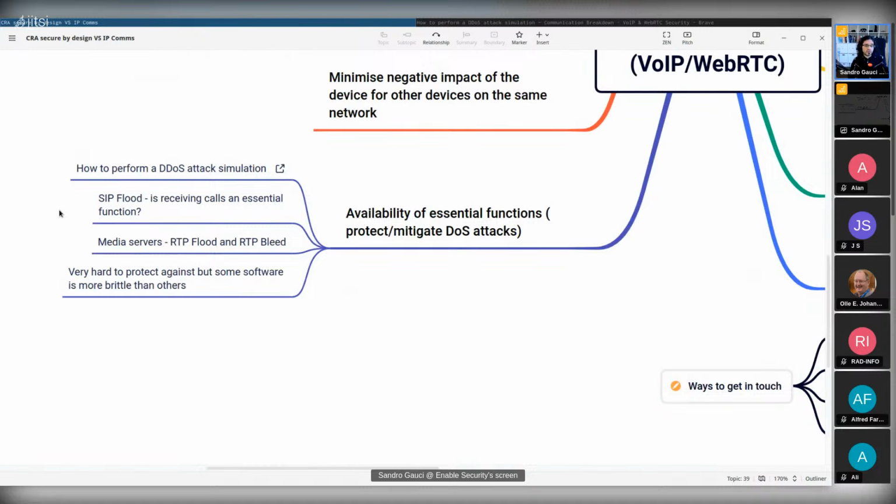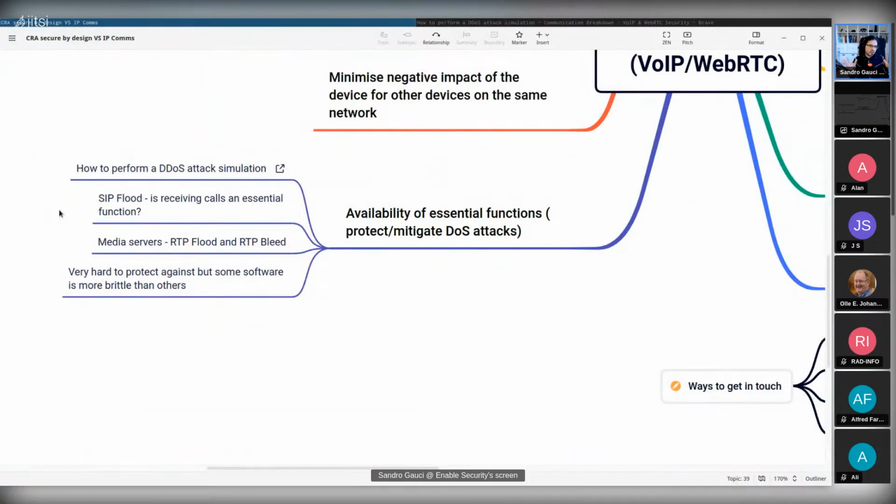And what IP phones do when you flood them with SIP messages, quite often, if you're sending an invite message, is they will start ringing and will not stop ringing until maybe 5-10 minutes after you have stopped the attack. Sometimes they don't stop ringing at all, making them pretty unusable until you unplug and replug the phone, if it's a hardware phone.